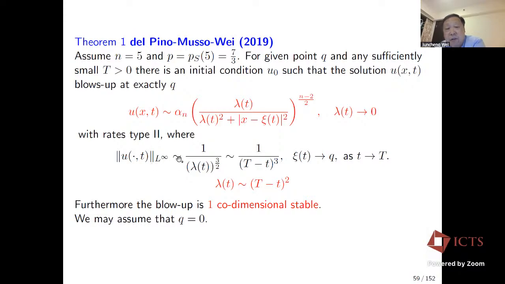The L infinity norm is like 1 over T minus t to the 3. The scaling lambda is like T minus t squared. And furthermore, the blowup is codimension 1 stable, meaning except one dimension, you can find a relatively open set, so that all initial data will blow up with this blowup rate.